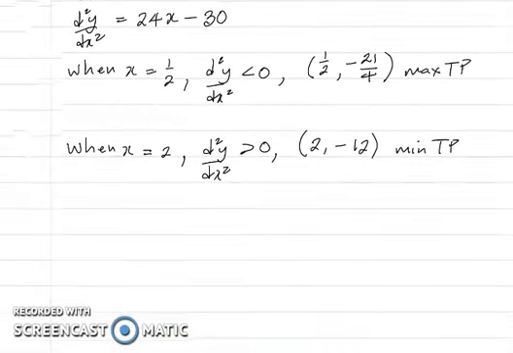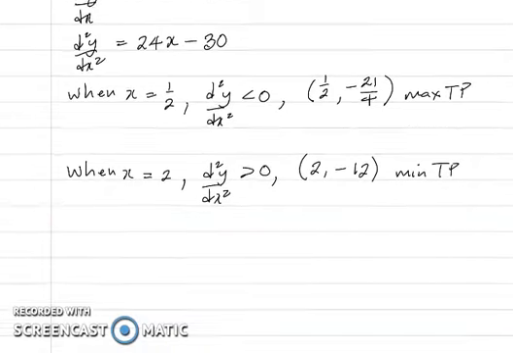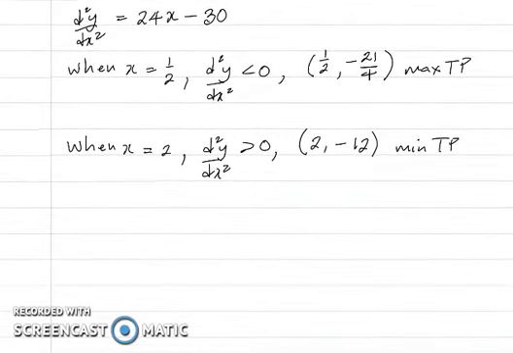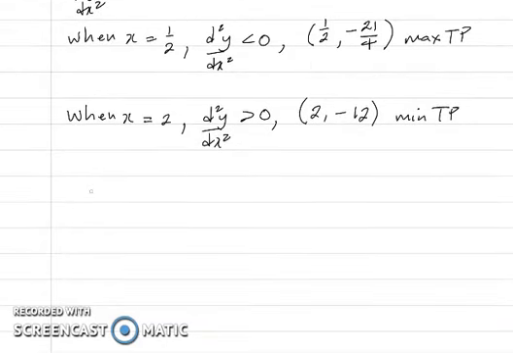All right, so I have a maximum, I have a minimum turning point. Let's see if we can find maybe a point of inflection. Now, at the point of inflection, I think d2y by dx squared is equal to 0. So d2y by dx squared, which is 24x minus 30, would be equal to 0. So 24x would be equal to 30.